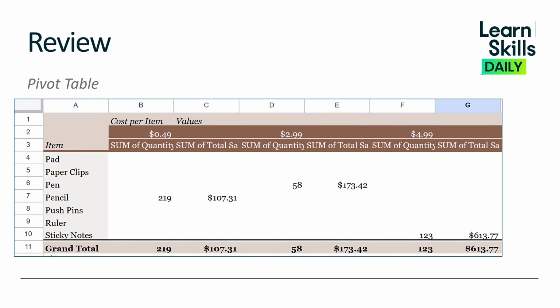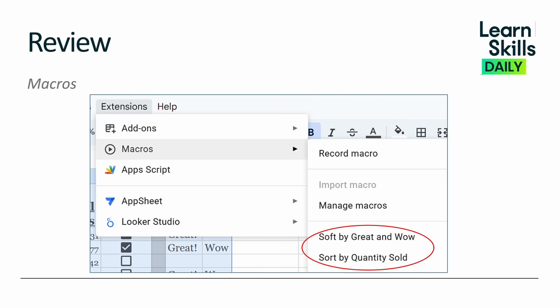We created a pivot table, which is a great way to see your data in a different way and be able to analyze it quickly by choosing some choices. We created macros to sort our data in two different ways, which are common commands that we perform in our particular spreadsheet and saves us time.